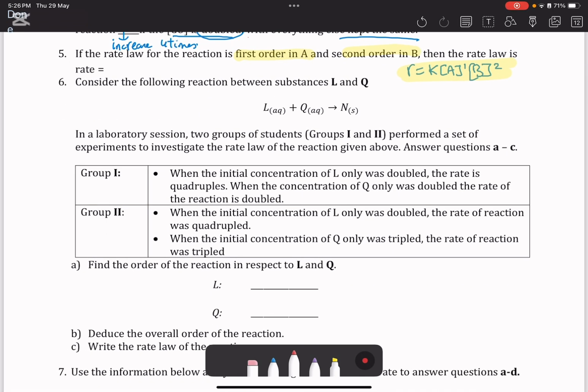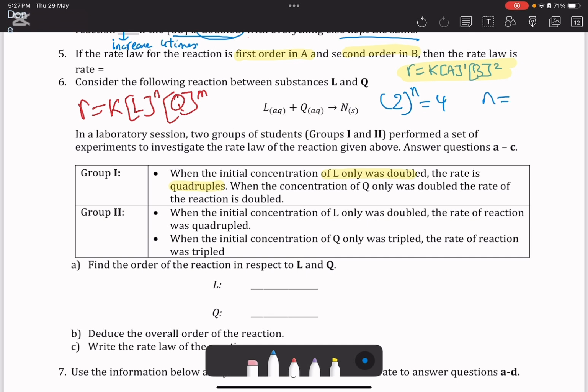Consider the following reaction between L and Q. So I have again the rate of L, which I don't know yet the order, and Q, I don't know yet the order of Q, so I'm going to name them N and M. Then the question says, the group 1 instruction says, when the initial concentration of L was doubled, the rate quadruples. So when I double, the rate quadruples.